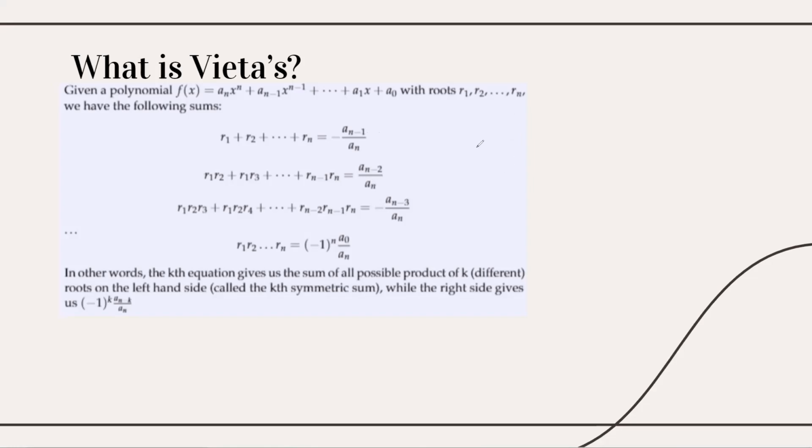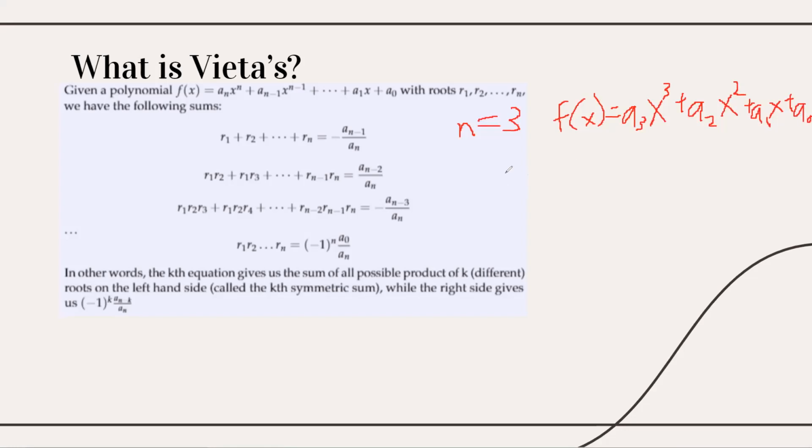So as a quick example, let's say we have n equals 3. Then our polynomial would be f of x equals a3 x cubed plus a2 x squared plus a1 x plus a0. And the roots would be r1, r2, r3.